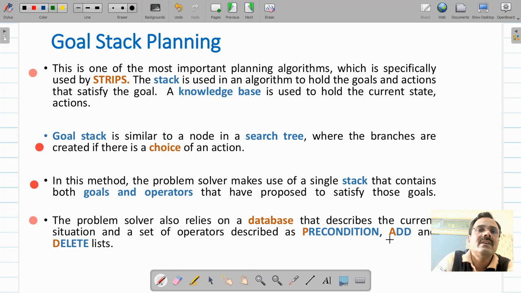Add list specifies what will be the result of performing that operation. So a list of predicates will be defined which will become true after performing that particular operation, and then the delete list will have a set of predicates which will become false after performing that particular operation. So that's what we have seen earlier also.